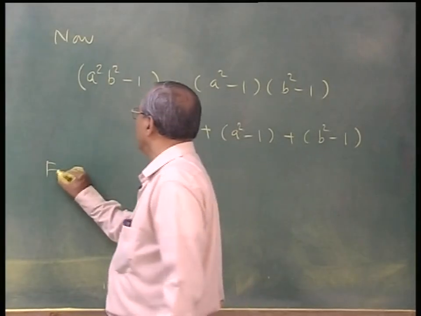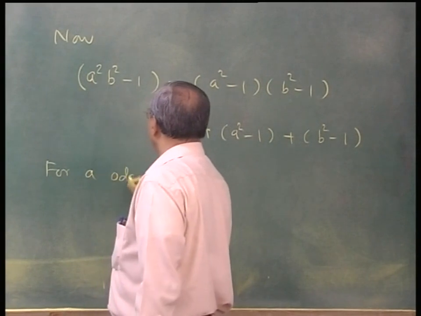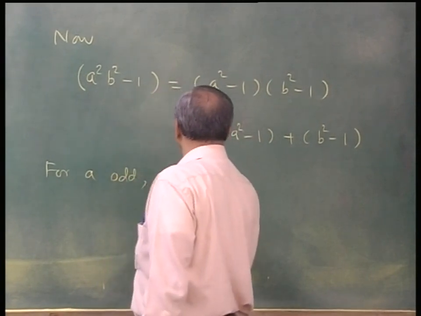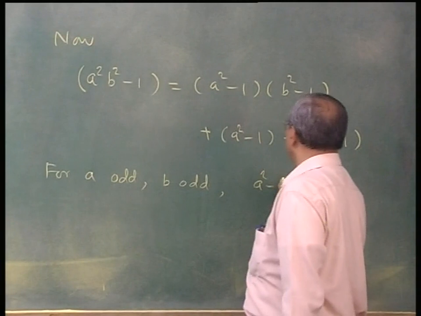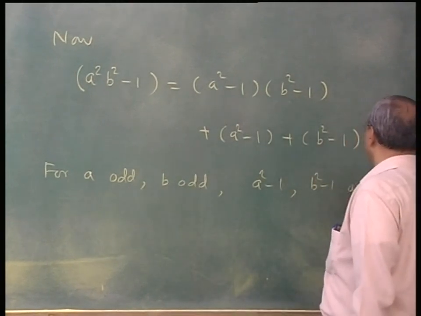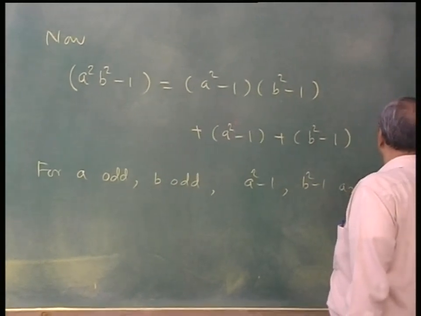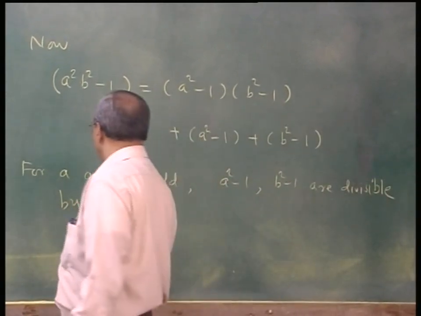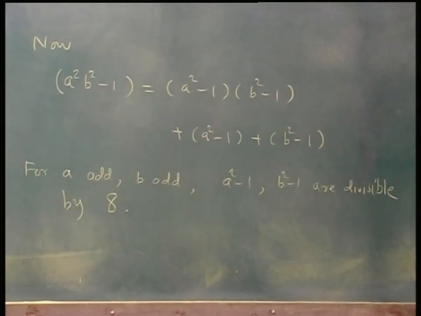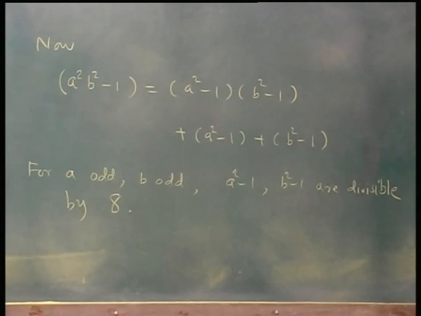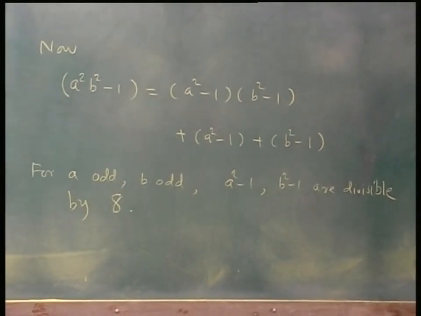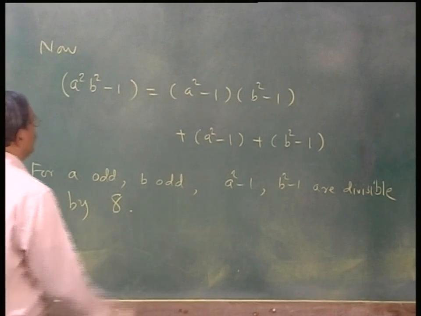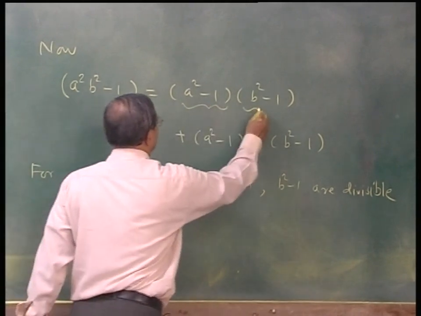For a odd and b odd, a square minus 1 and b square minus 1 are divisible by 8. Square of an odd number is congruent to 1 mod 8. Here this is divisible by 8, this is also divisible by 8.